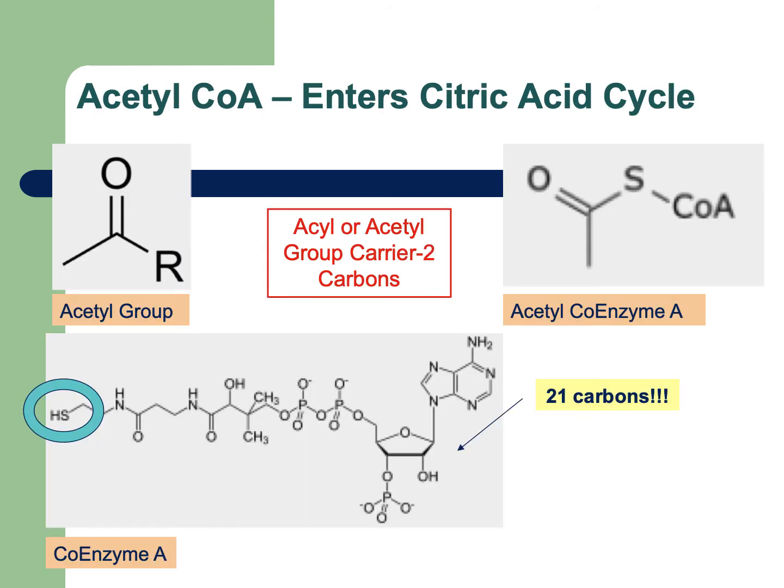Now I want to pay some attention to acetyl-CoA, which is the substrate that enters the citric acid cycle. It is really important that you understand the molecular structure of acetyl-CoA. First, let's look at what an acetyl group is, which is the top left figure. It is a carrier of 2 carbon atoms, where you see a carbon that double bonds to an oxygen, and then a carbon at the end adjacent to the R group.